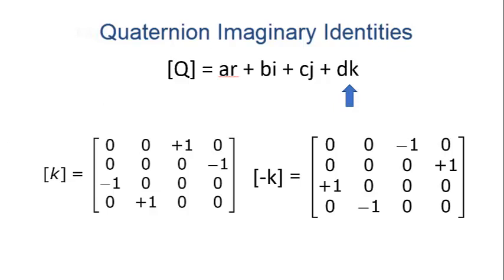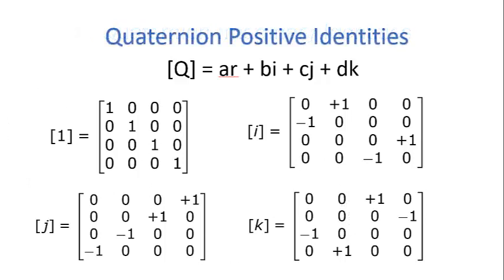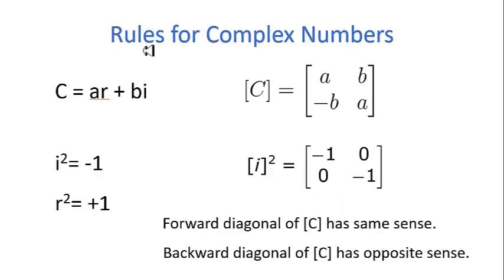Okay, so now I'm going to put the positive identities on the same page. What we found with the two-dimensional complex number is that when you add them, they both can fit in the same matrix.